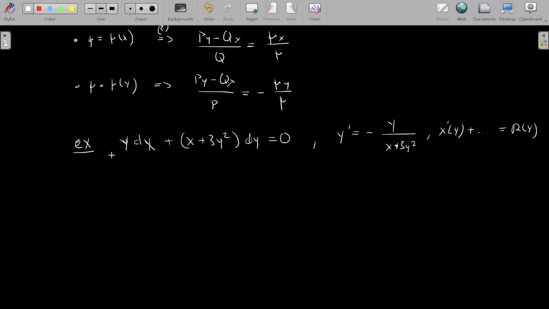So using what we learned, this is P and this is Q, right? So the first step is to find P_y and Q_x. So P_y is this guy with respect to y, it's 1, and Q_x, this guy with respect to x, which is also 1. And those two are equal.